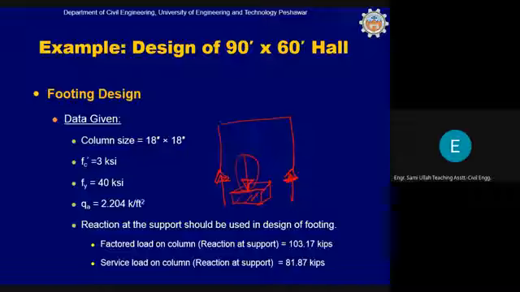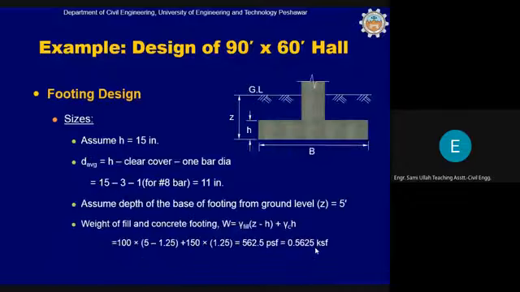Okay, in the beginning, we should assume some thickness of this concrete pad, isolated column footing pad. This H is 15 inch. If you remember in the previous course, we have said that the thickness of the footing shall not be less than 12 inch because of the requirement of 3 inch cover.